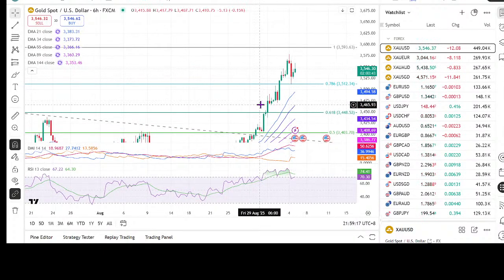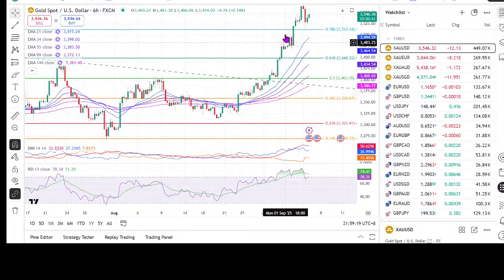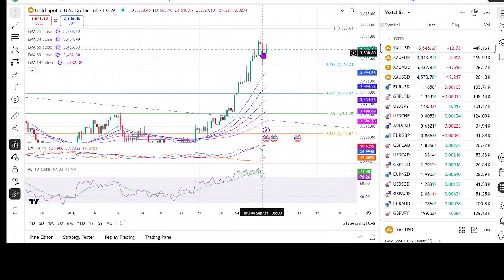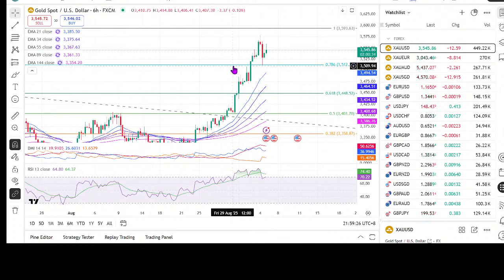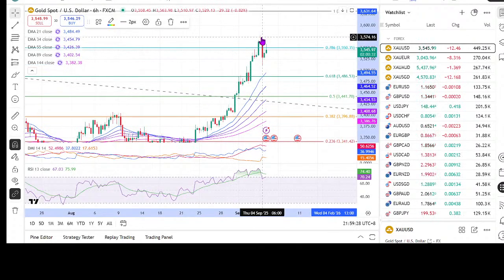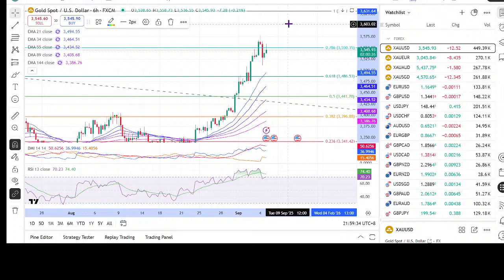One more thing we can see about this pattern is that this looks like an Elliott wave pattern. The wave 3 has completed here, and this is the wave 4. So the fifth wave is yet to be seen, which means the high is yet to be seen.